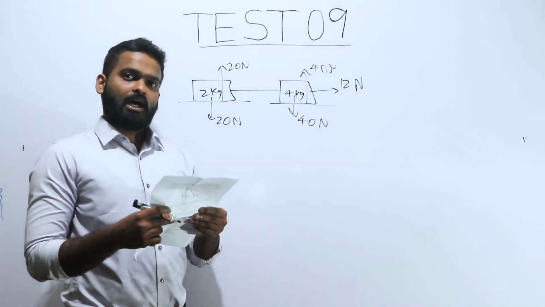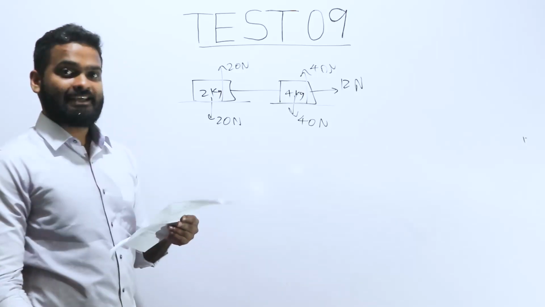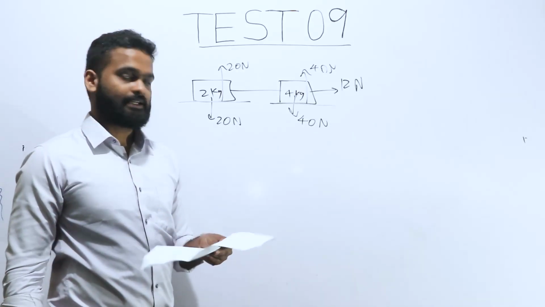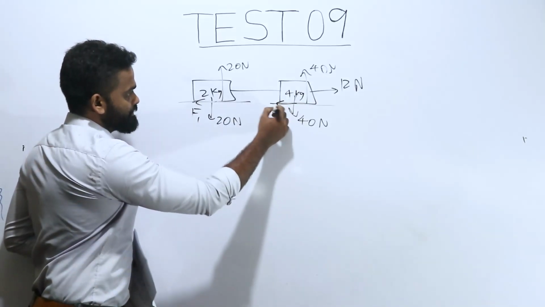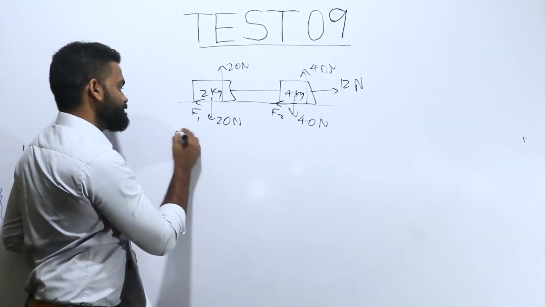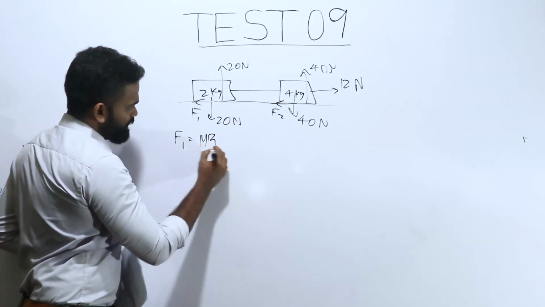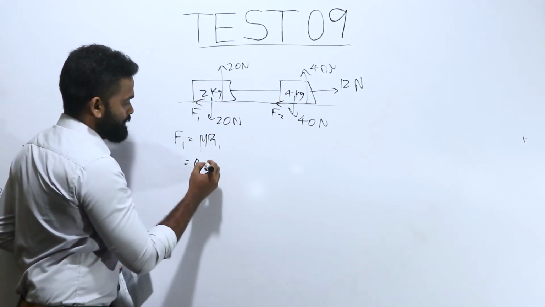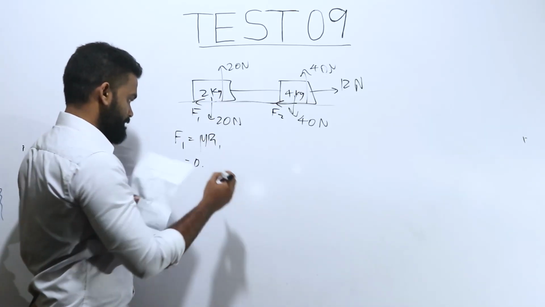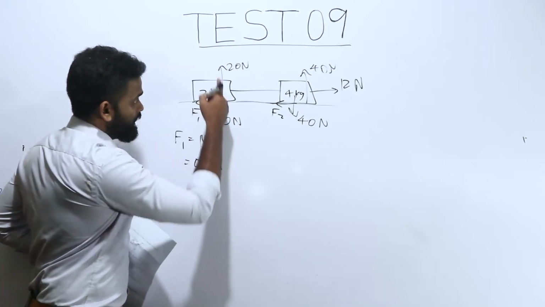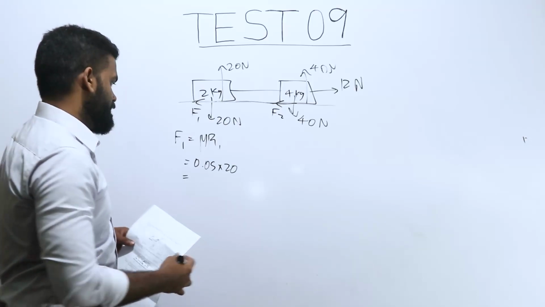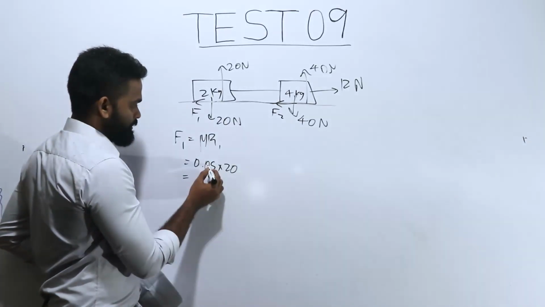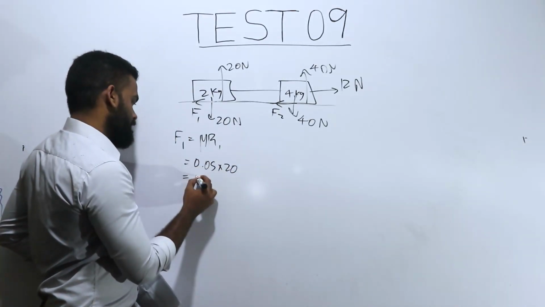I'll just apply kinetic friction coefficients and calculate the friction values acting here. Let's say this friction is F1, then this friction is F2. So F1 is equal to mu R1. Mu is 0.05 friction coefficient times R1 is 20. So this should be 0.5 times 2.